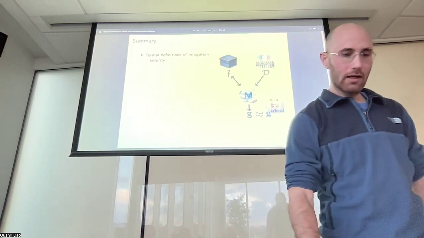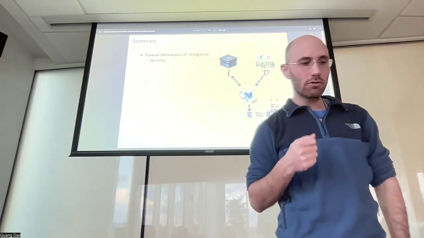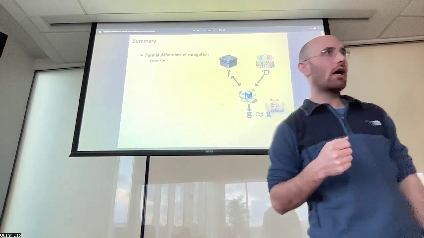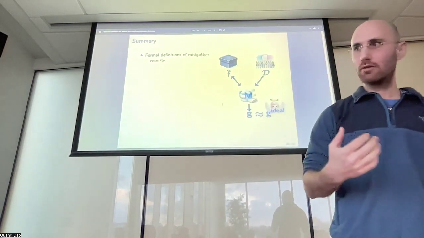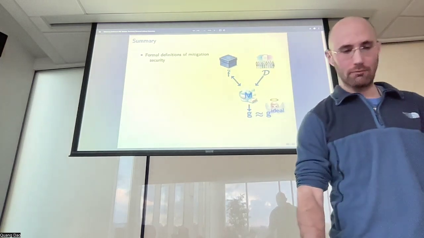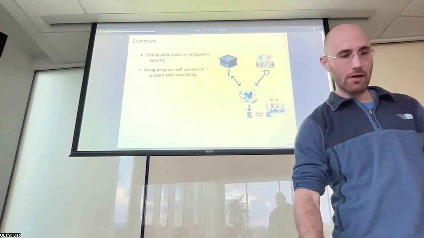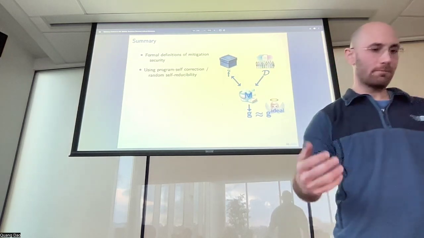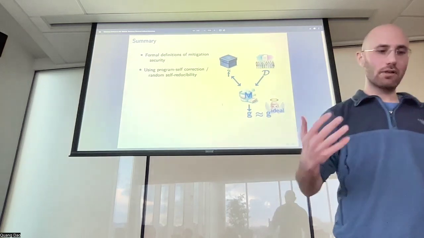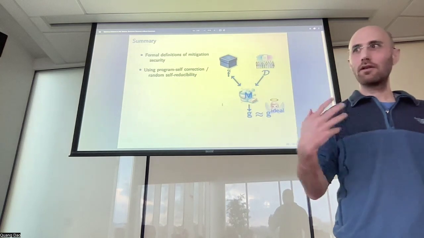And to summarize, I told you how we chose to define formally what it means for a mitigator to be secure. What is secure backdoor mitigation. I was trying to convince you that program self-correction or random self-reducibility can be useful for obtaining this definition of security.